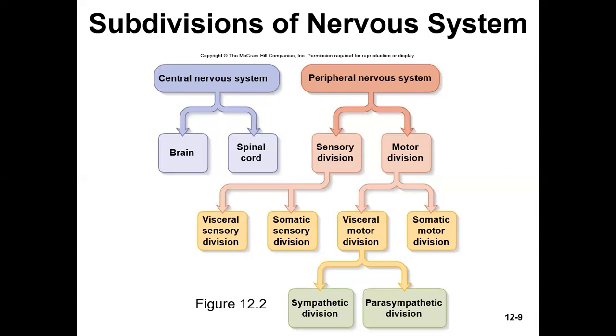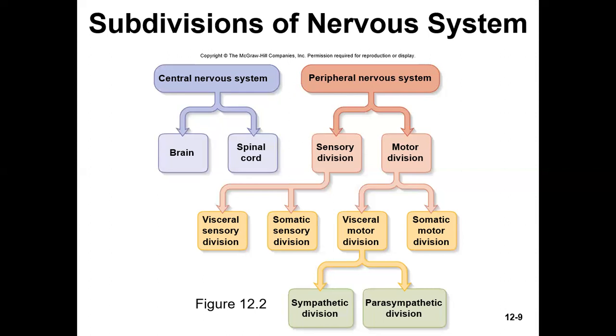So within the motor division, we break that into visceral motor, which means organs and our guts, what makes them do what they have to do. And then the somatic motor division, again, that is going to be what the skeletal muscles are up to and any reflexes that might be activated.